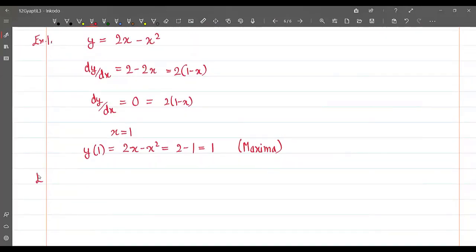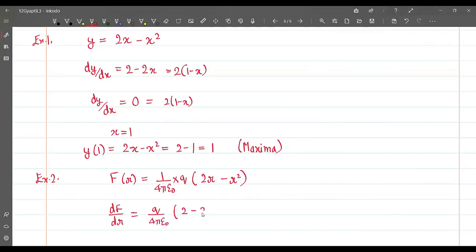Even if I give you an example like this, suppose force is a function of distance: some constant 1 by 4 pi epsilon naught into q into (2r minus r square). Let us say the function is like this. I can differentiate my function, df by dr. The constants will stay like that.